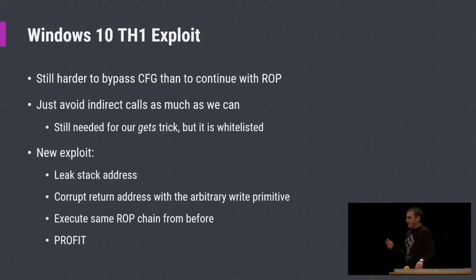But again, the point in life is to execute arbitrary code, so we need to bypass CFG. And it's not that bad, because CFG does make life way harder, since we don't have any pivots. I can't jump to the middle of a function, because for sure it's not in the whitelist. I can't jump to RtlRestoreContext and all of the functions that give me control of the RSP or leak it to me.